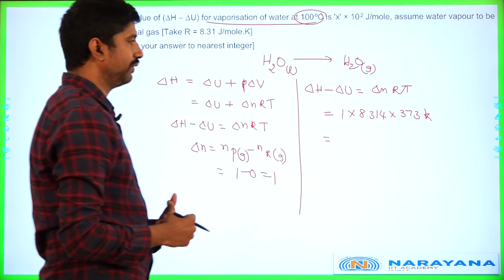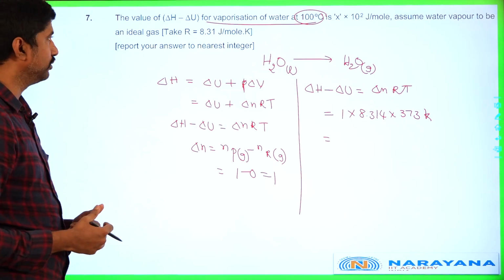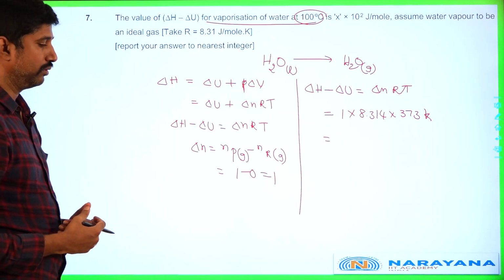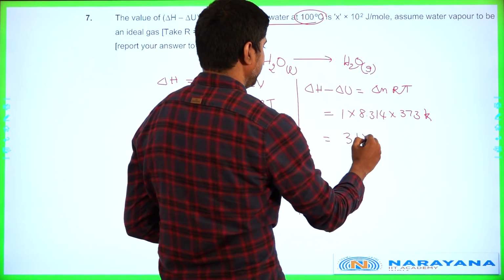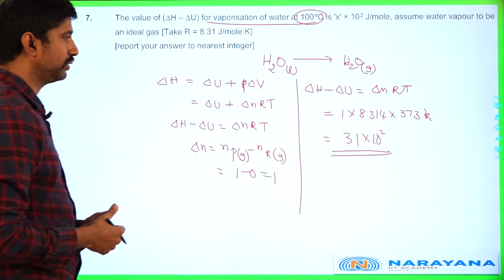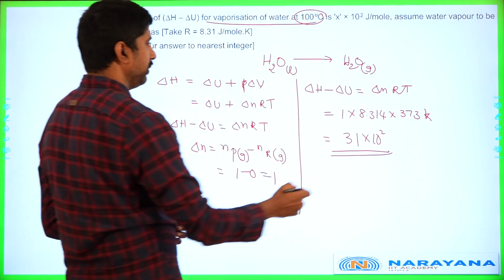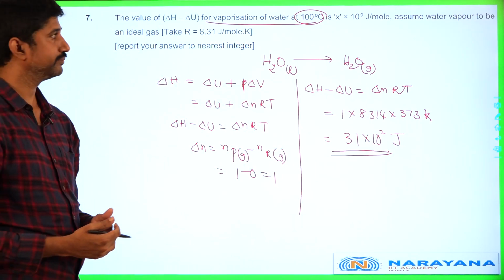So 8.314 into 373, the nearest simplified value if you multiply, you will get as 31 into 10 square joules, because as R value we are taking 8.314 joules.